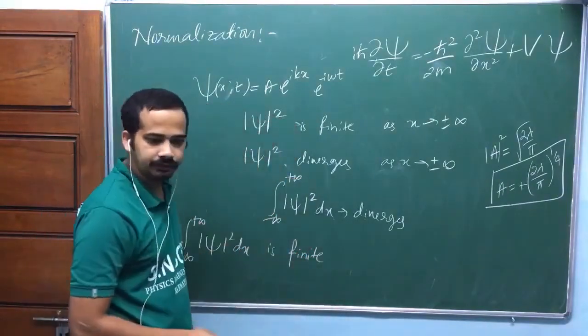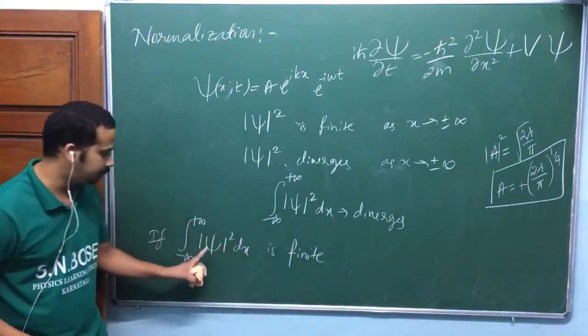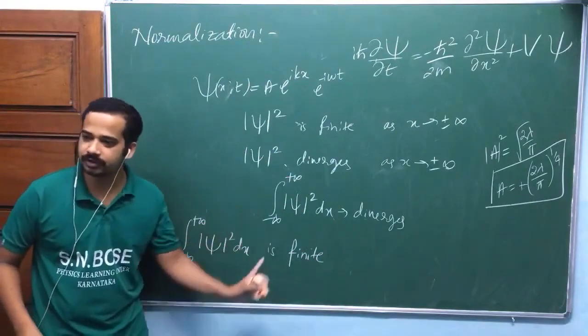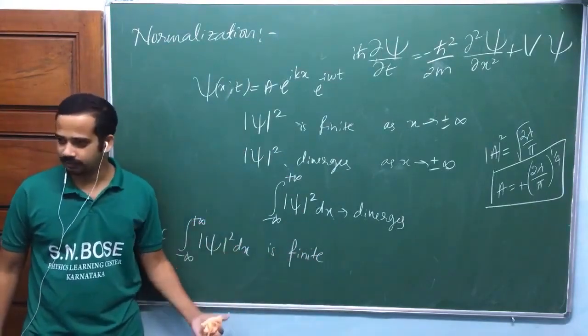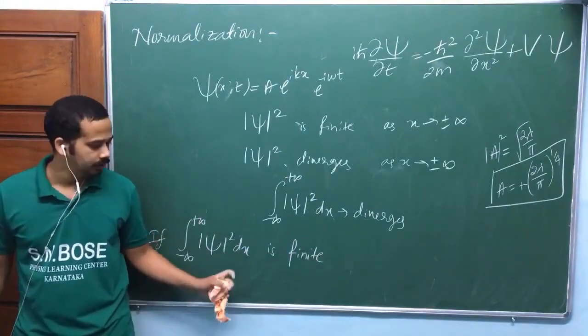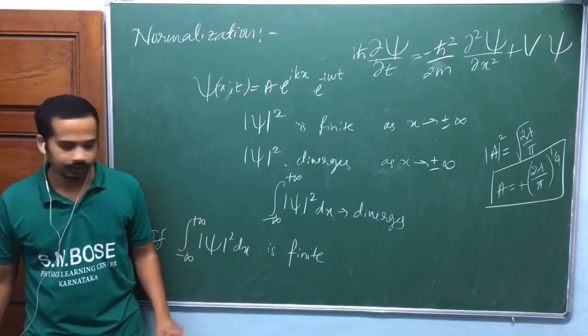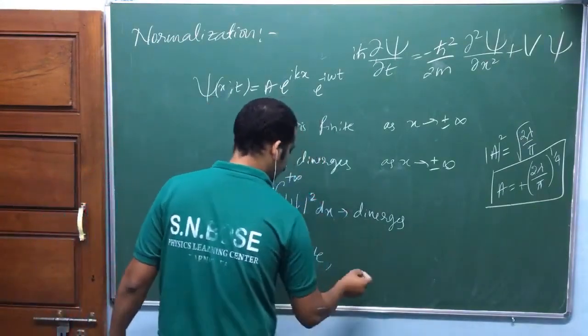If it is not diverging, if it is finite, then you can find a multiplicative quantity which makes this integral 1. If this integral itself is infinite, I have shown in the last one, there is no multiplicative constant which normalizes the wave function. If this is finite, we call that a square integrable function.